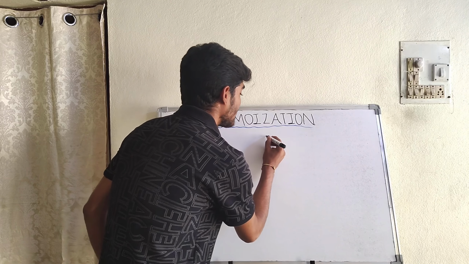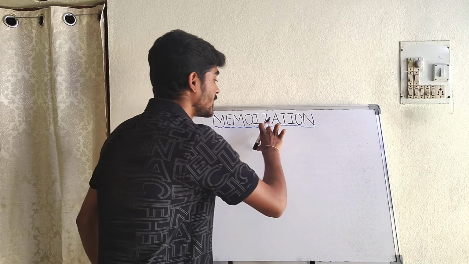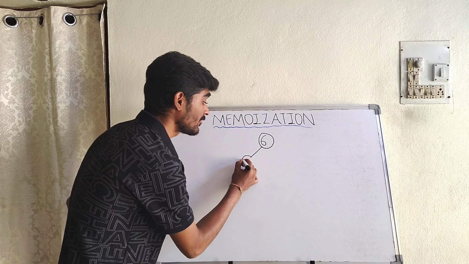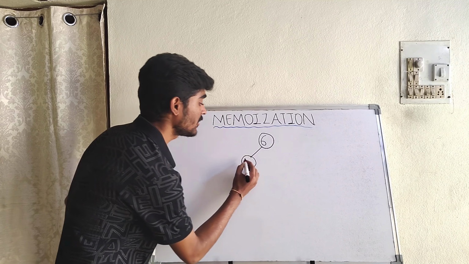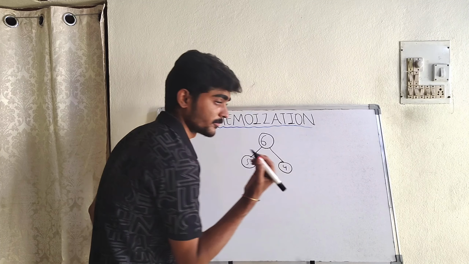Let us say we are calculating the Fibonacci series of 6. To determine the Fibonacci of 6, first we need to determine Fibonacci of n minus 1, that is 6 minus 1, which is 5, and Fibonacci of n minus 2, that's 4.